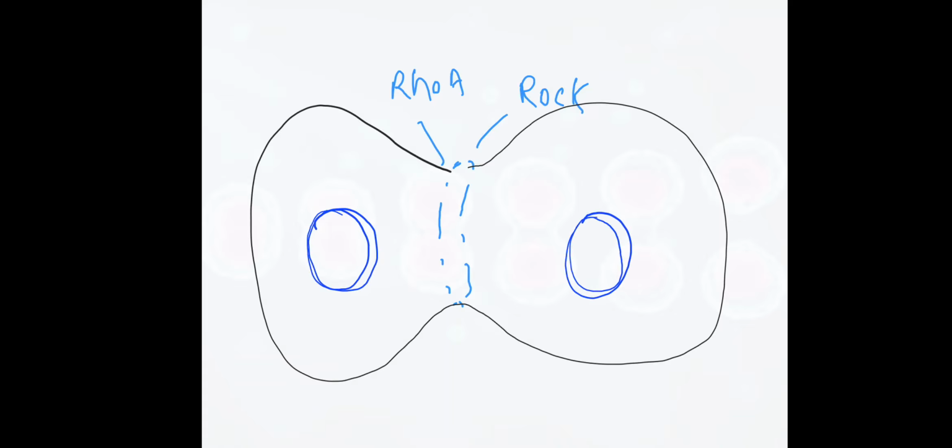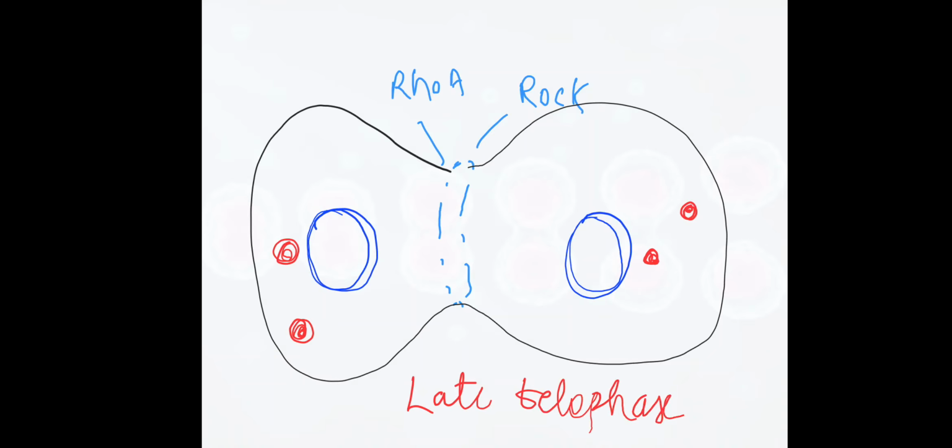The nucleolus which had disappeared will reappear, and there is a pole also. This picture is in late telophase. The contractile ring appears to be condensed or contracted. It is due to activation of RhoA and ROCK, which in turn activate a series of reactions. So this was about animal cell cytokinesis.